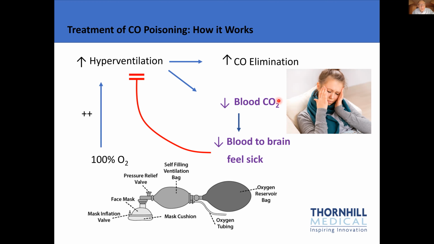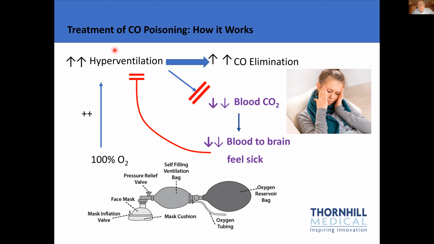Interestingly enough, if you treat people with 100% oxygen, that increases their ventilation, and I'll come back to that later in the talk, which increases the carbon monoxide elimination. But you still have an even greater drop in PCO2 and a greater decrease in blood to the brain, and people feel very sick, and you cannot use this as a treatment.